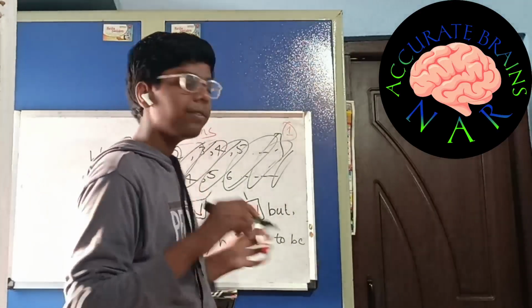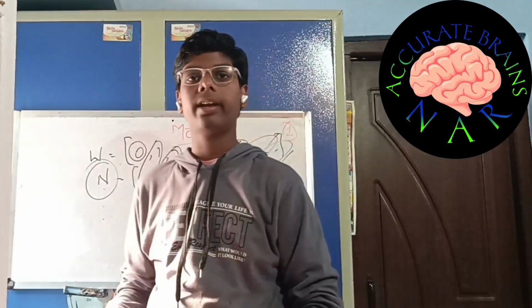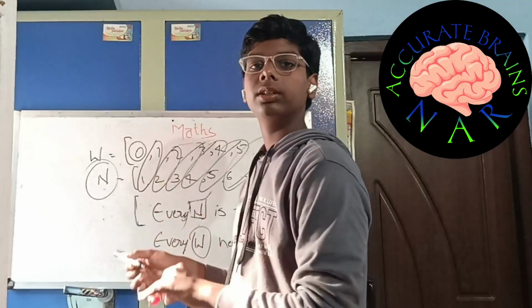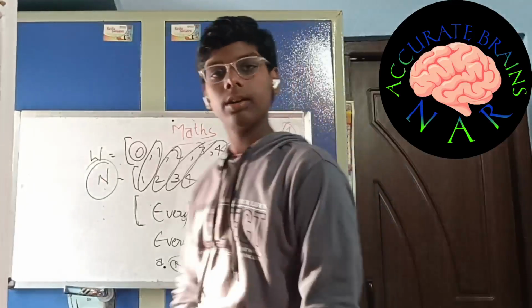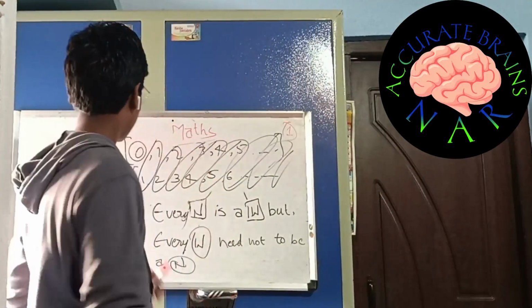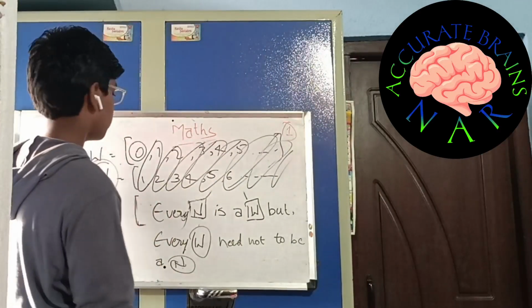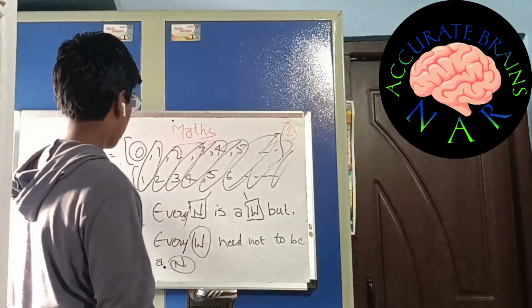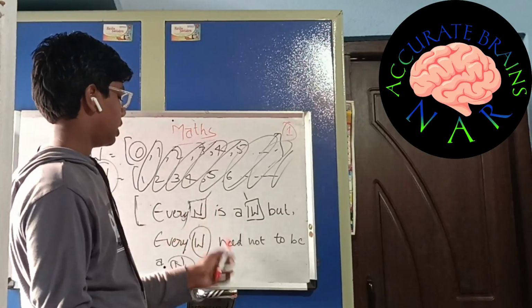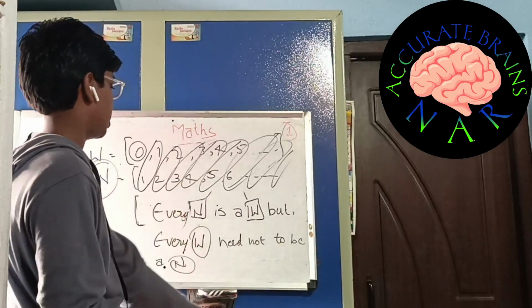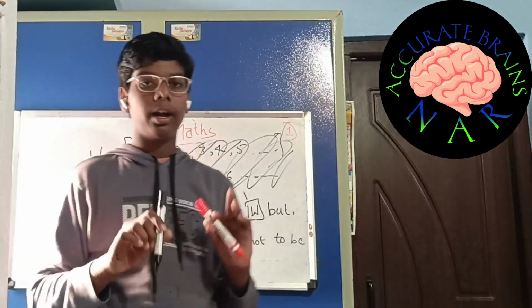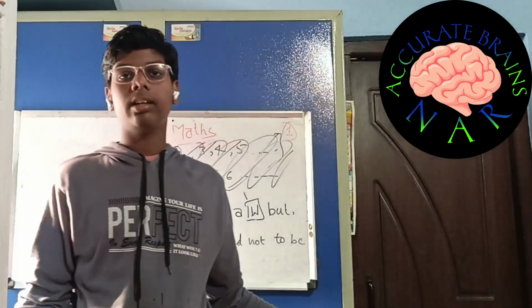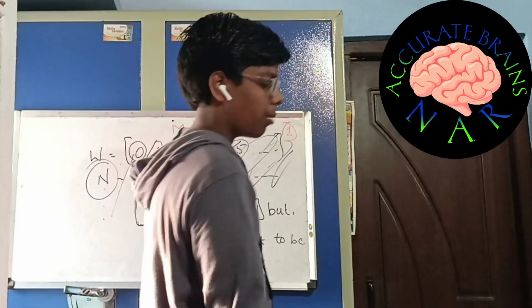But every natural number, 1 to infinity, is included in whole numbers, so every natural number is a whole number. But what are whole numbers? Whole numbers include 0. So every whole number need not be a natural number. Because of 0, both are dissimilar. So we completed our property.